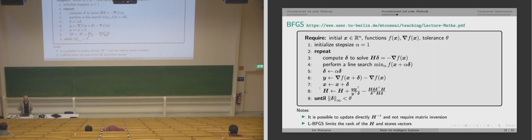Sometimes, but it's so expensive that usually you don't do it. So there are many cases where computing the Hessian is very difficult to do, and instead we can approximate it with this scheme. It's called BFGS, and L-BFGS, which you probably heard about before, is just the idea of limiting the rank of H by throwing out some information and storing a minimal set of vectors, because this increases in memory over time. That's the idea. So you can limit the memory.